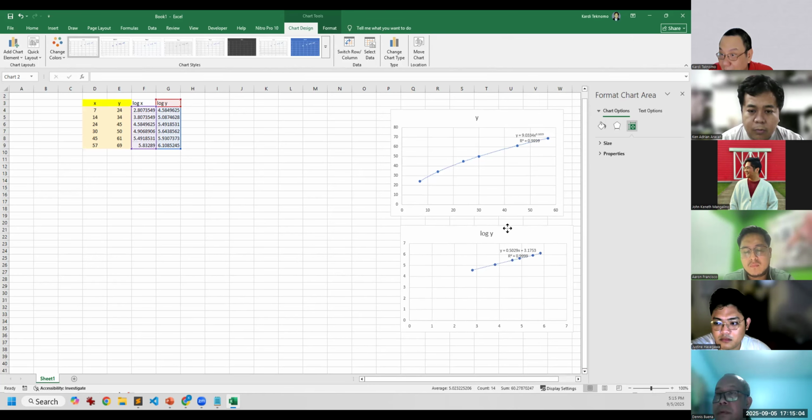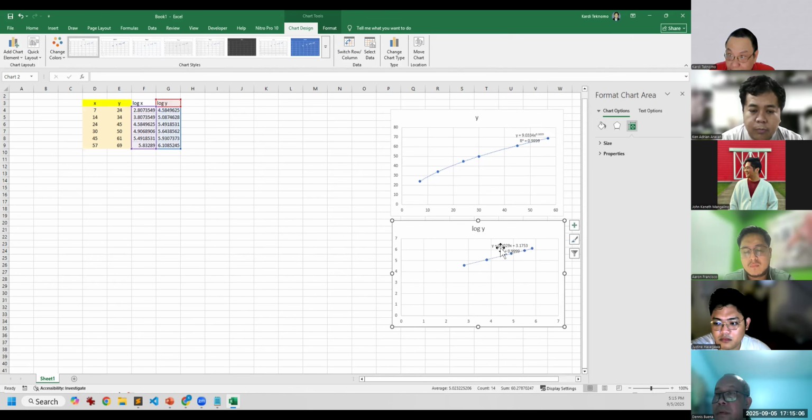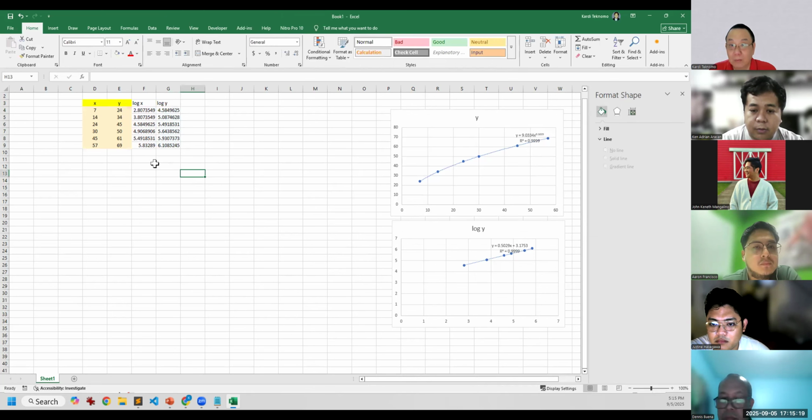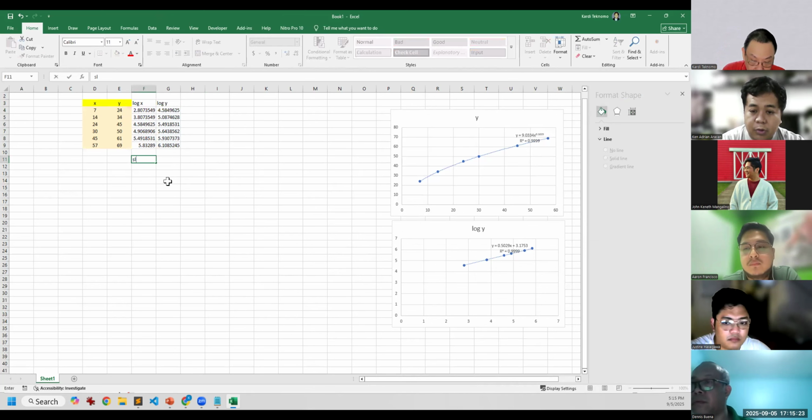But the equation is now 0.5 x plus 3.17. This is the slope and the intercept of this one. Then we can calculate the slope and the intercept.